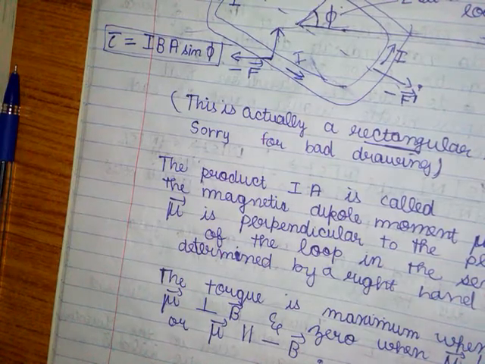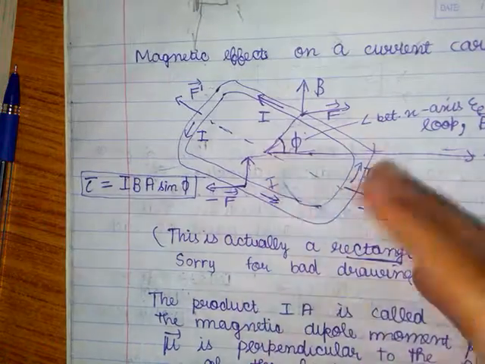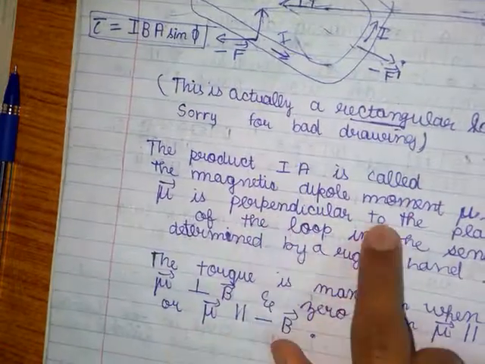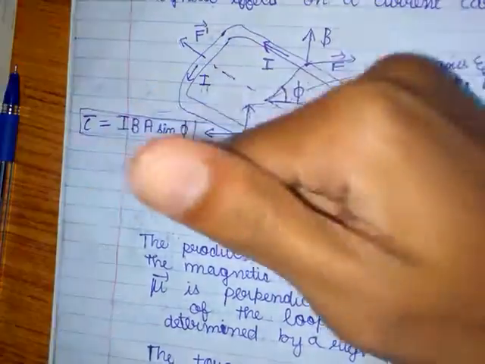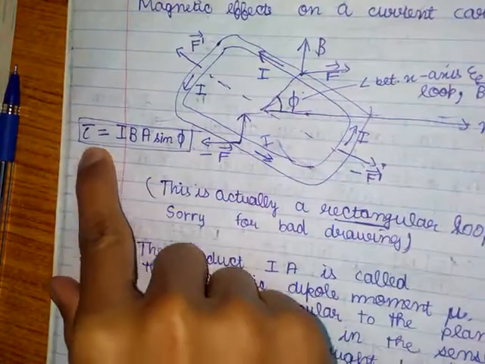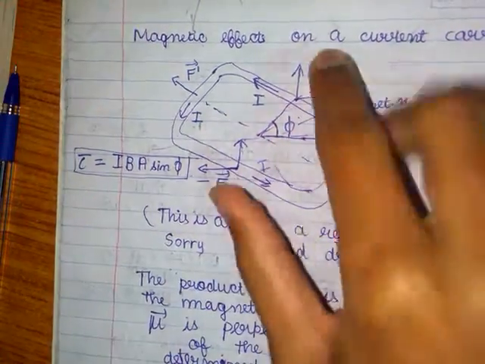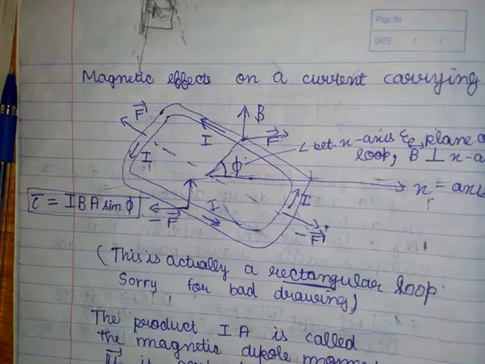To summarize, whenever there's a current going through the loop, there's a quantity called the magnetic dipole moment associated with that loop, and that quantity directly determines the torque on the loop when it's placed in an external magnetic field.